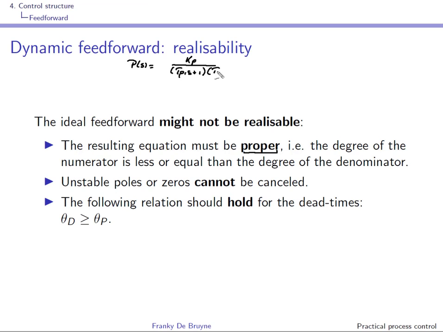So we have 2 poles, and assume that the disturbance dynamics is described by this transfer function Kd over TdS plus 1, right?